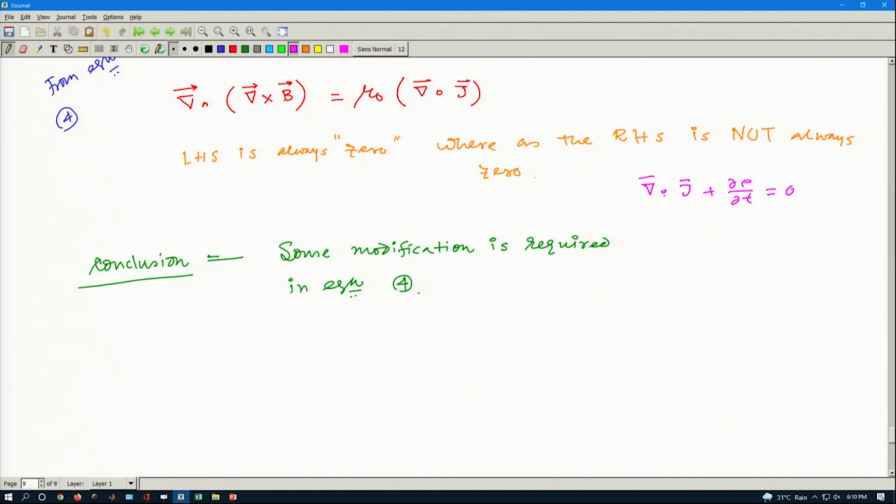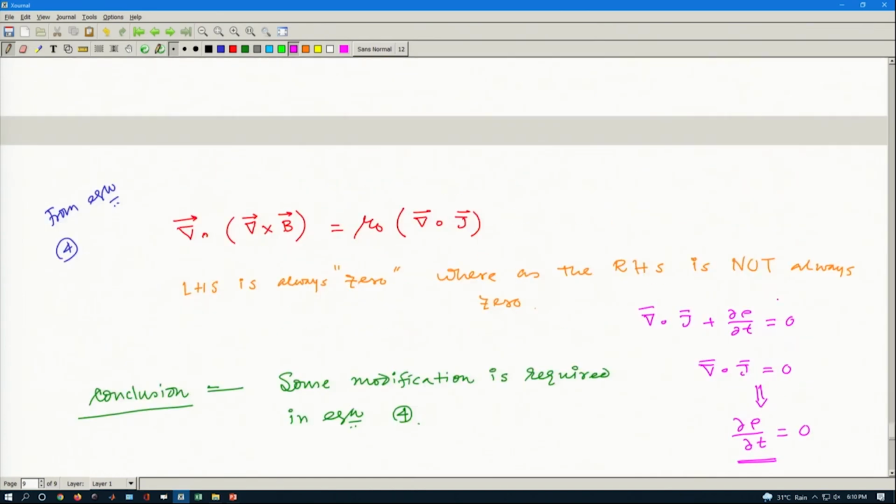For steady current, the divergence of J equal to 0 leads to the condition that del rho del t has to be 0. When we have a steady current, this condition may be satisfied, but not always.